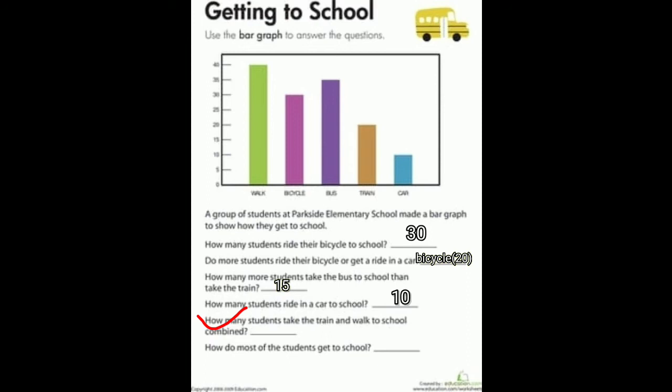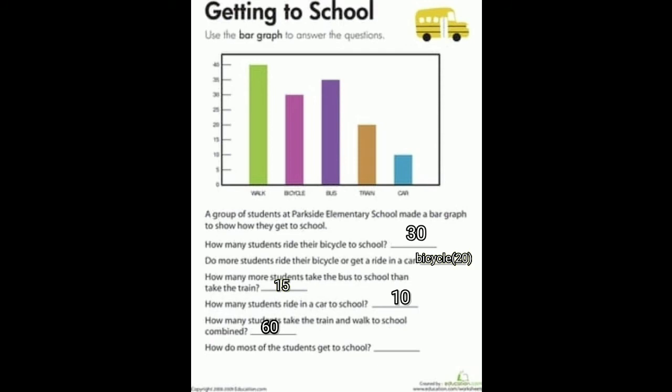The light brown bar represents the number of students who come by train, which is 20, and the green bar represents the number of students who come by walking, which is indicated as 40. Hence, the total number of students coming by both train and walk to school combined is 20 plus 40, which is equal to 60. Hence, our answer is 60 students.